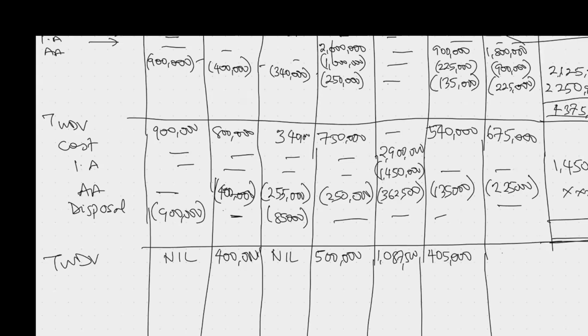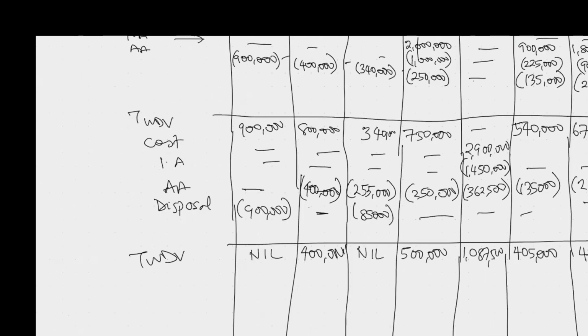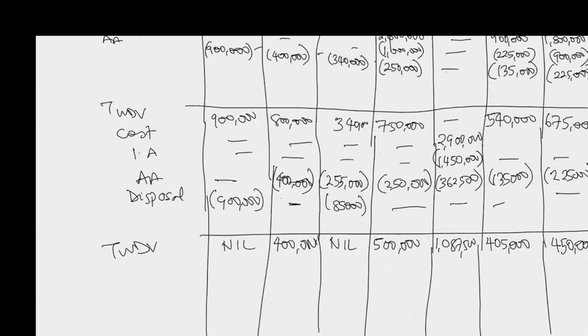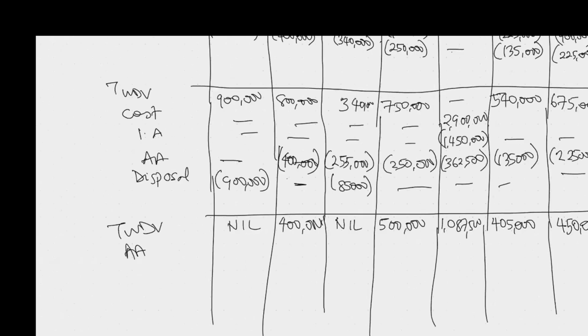Now, in this year, there was disposal. They disposed plant 1. So for annual allowance, there is no acquisition this year. We will not give this guy anything, but annual allowance will be calculated for the ones that we have not disposed. Annual allowance for this guy is 135,000.